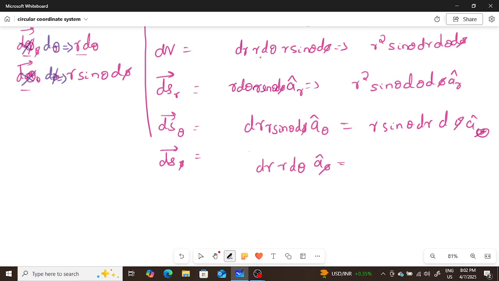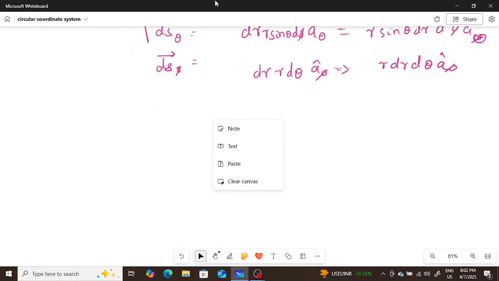So it is written as r dr d theta a phi. Try to relate all the concepts, all the differential elements, and how to write them. I'll summarize the three coordinate systems later.